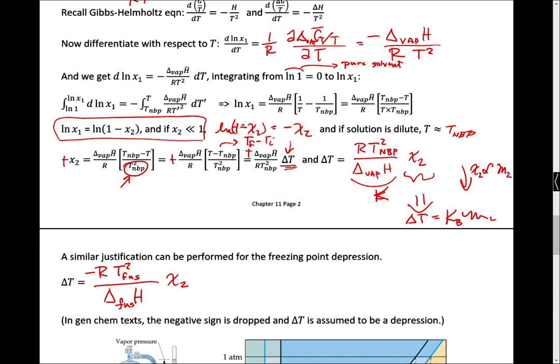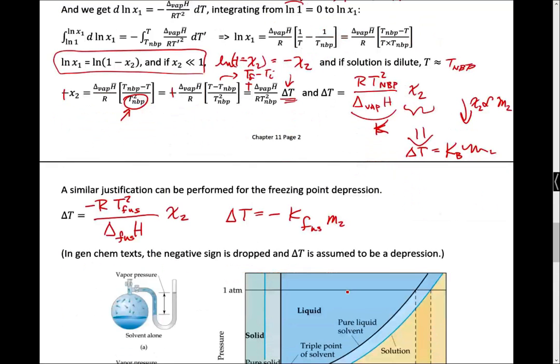And again, this is going to be a constant, and this is proportional to the molality. And so we can say that delta T is equal to minus the constant associated with melting, fusion, times m2. So we've derived these expressions, or I would say pseudo-derived.